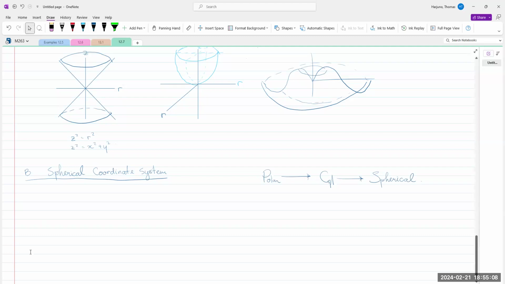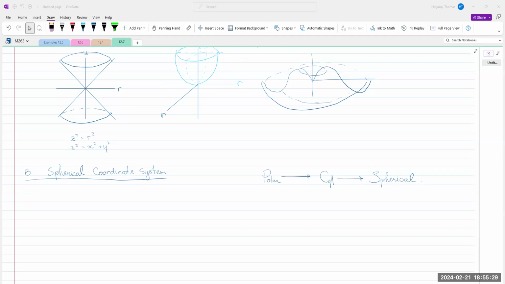Okay, let's first show you what a spherical coordinate system looks like. Let me steal from my handout. Give me a second. I wonder where is my handout.